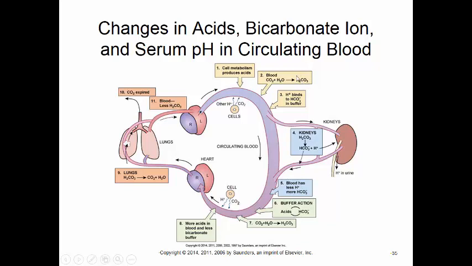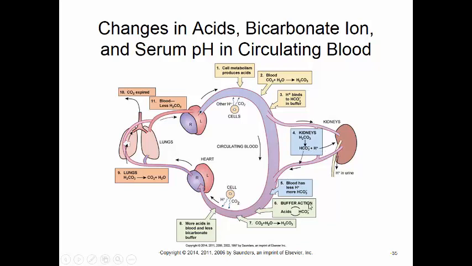The hydrogen ions bind to the bicarbonate here, and it can be carried to the kidneys. Then the kidneys can process that carbonic acid, reabsorb the bicarbonate, and get rid of the acid.